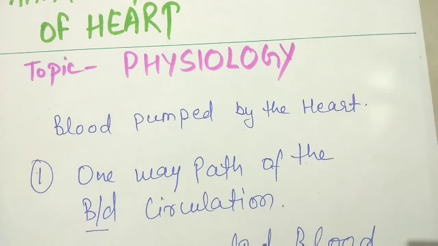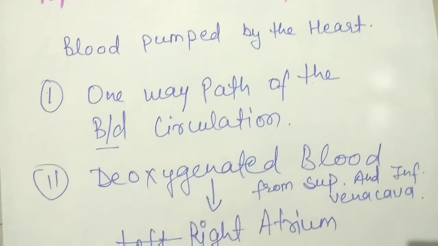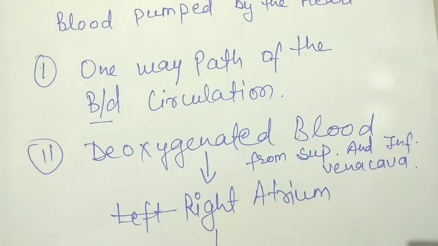Through the help of the cardiac layers, blood is pumped in a one-way path of blood circulation, in which two types of circulation are involved. The first is the pulmonary circulation, in which deoxygenated blood is converted into oxygenated blood through the lungs, with the help of the pulmonary artery and pulmonary vein.